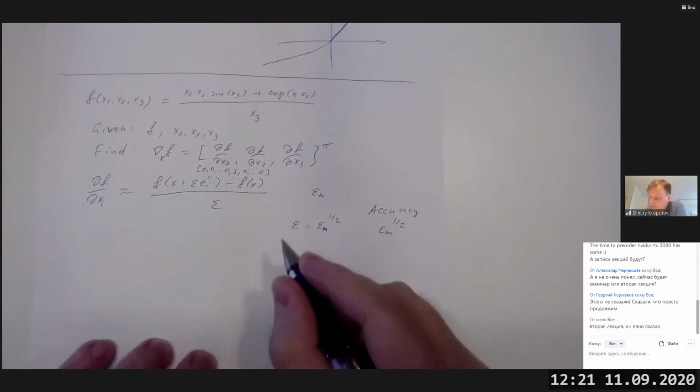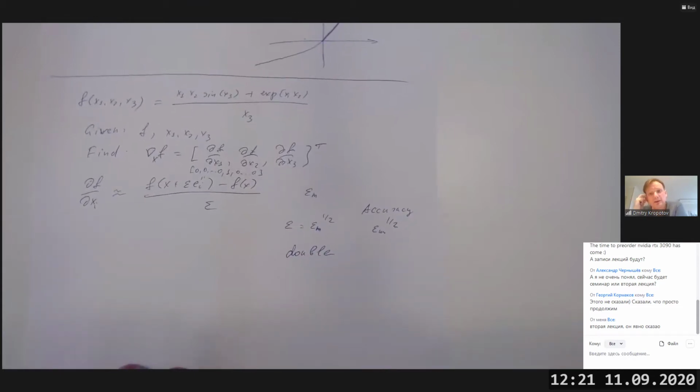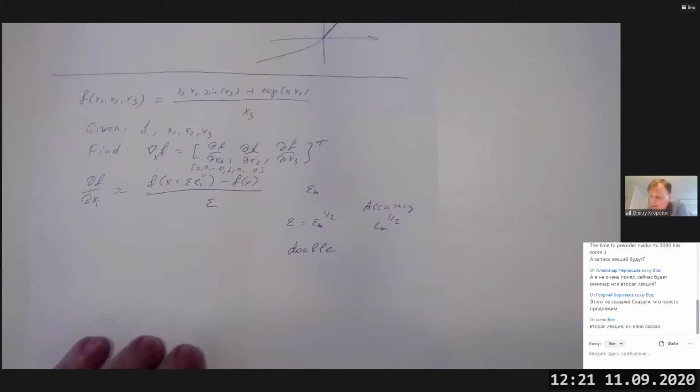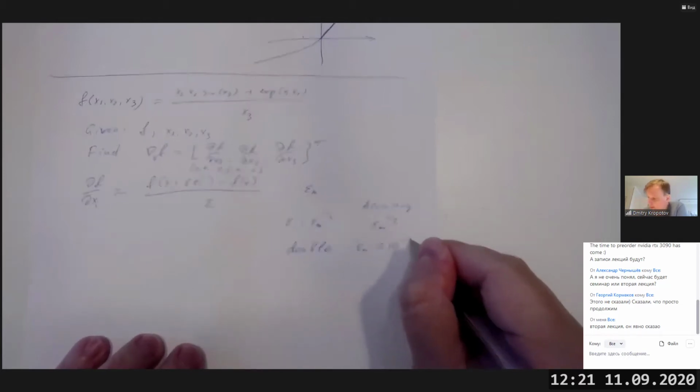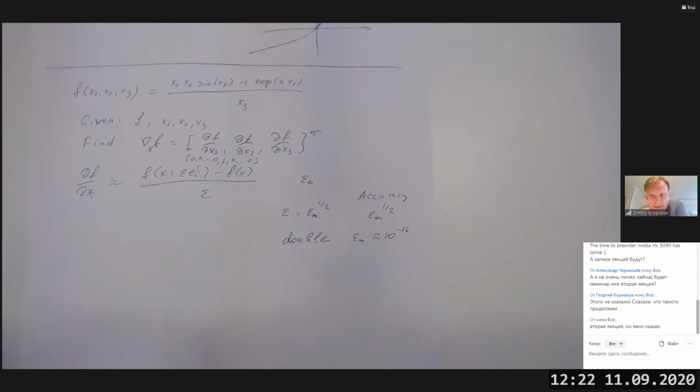So if we do all the calculation in doubles, in 64 bits, our machine precision is approximately 10 to the power of minus 16. So the square root of this value is only 10 to the power of minus 8.